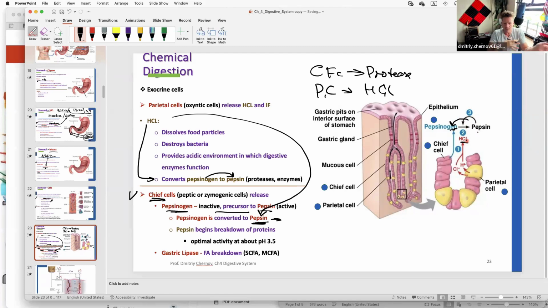So any deviation or dysfunction of the cells may lead to malabsorption, not proper release of chemicals that are responsible for digestion, because if you cannot digest protein, carbohydrate, and fat properly, you will not absorb it.